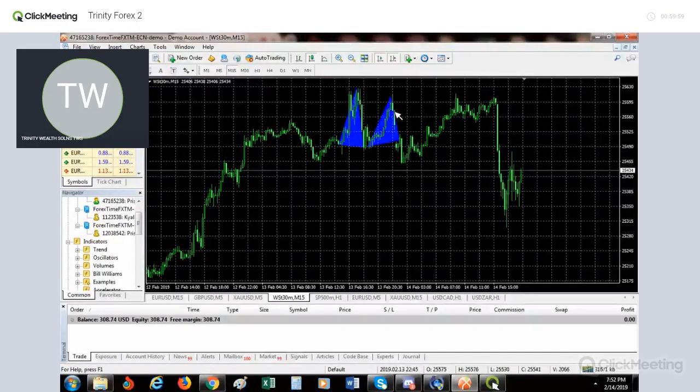Our second top. So we are saying when the market is here forming the second top, especially the tails tell a lot. The tails tell you that there's a lot of rejection there. The price is being rejected, okay?